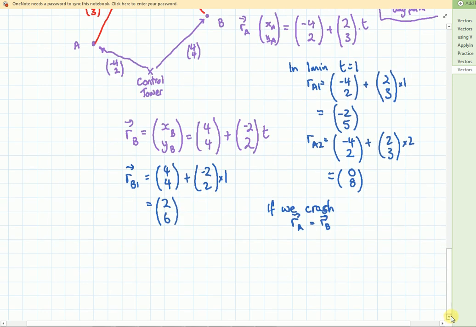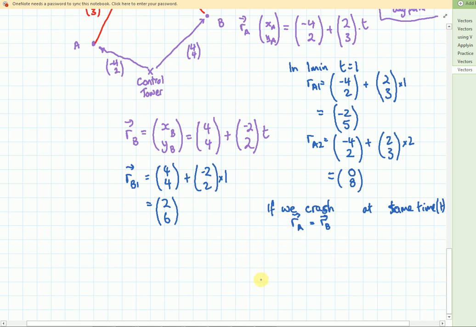If we try to do that, we'll get them at the same time. Trying to find a point where they both go through. They may cross, but it's whether or not they cross at the same time that's important. So the important part is at the same time t, so you don't use a different variable for t.